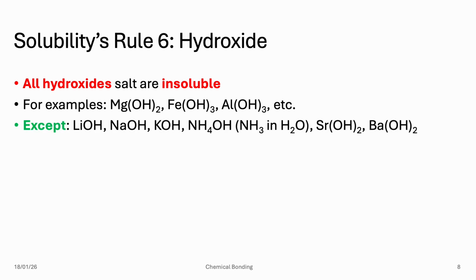The exceptions are the group 1 hydroxides: lithium hydroxide, sodium hydroxide, potassium hydroxide, and ammonium hydroxide, which we call that because there is no solid form of NH4OH; it's ammonia in water, ammonium hydroxide. And last is group 2 at the bottom, strontium hydroxide and barium hydroxide.